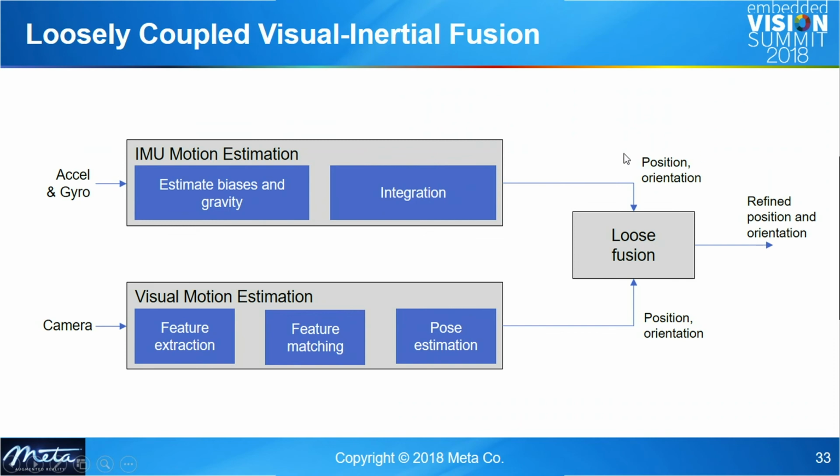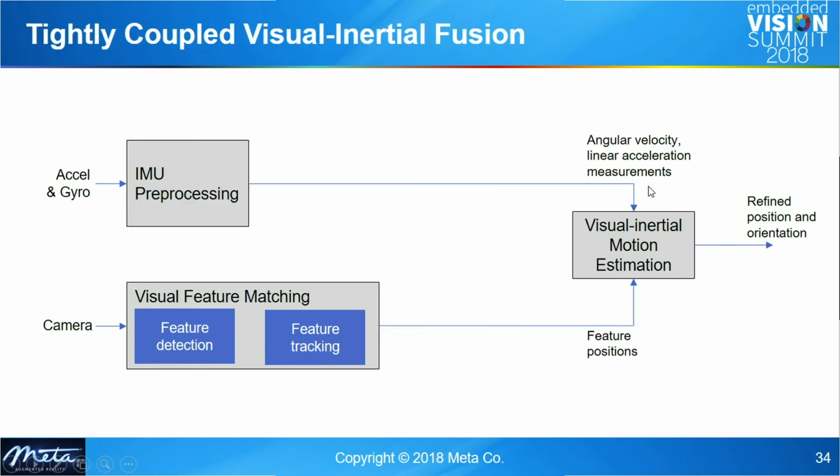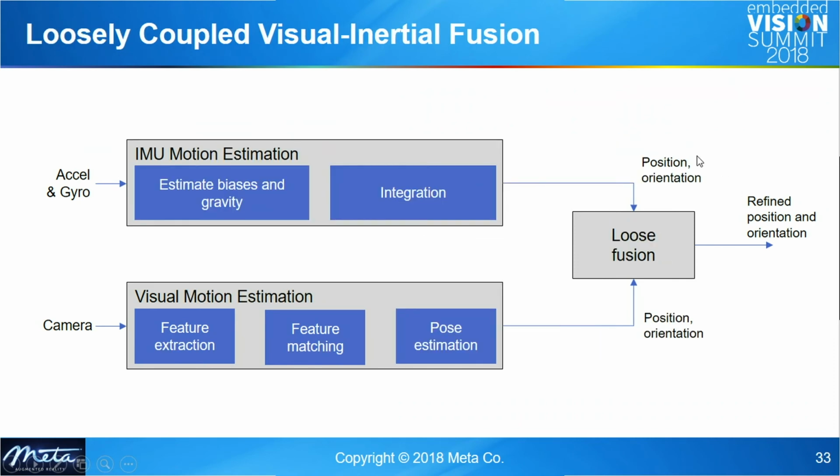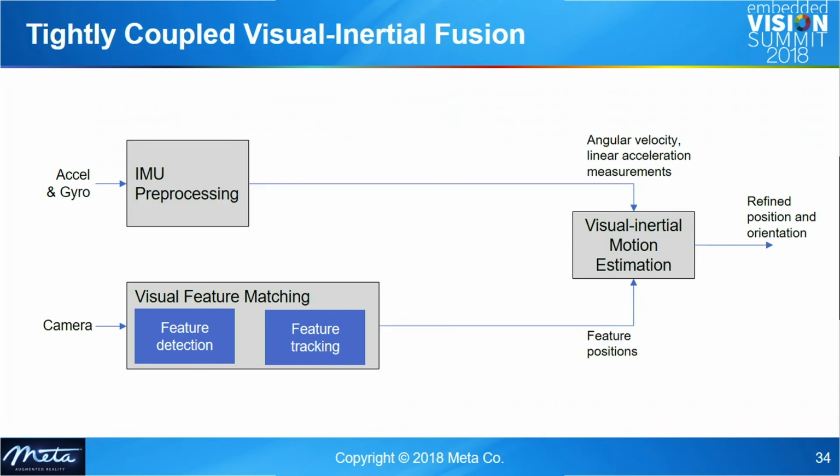Both of these systems provide complementary position and orientation readings, and we do information fusion of those and get position and orientation, hopefully with smaller errors than either of the inputs alone.